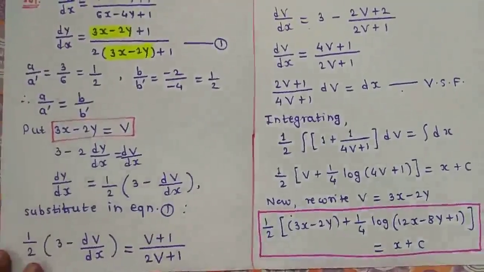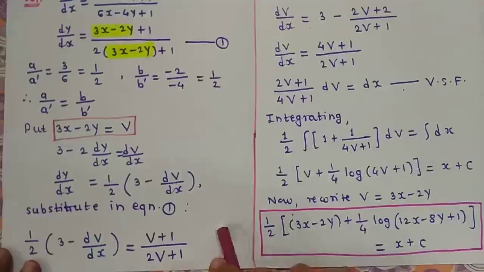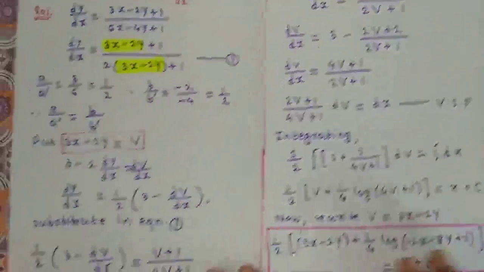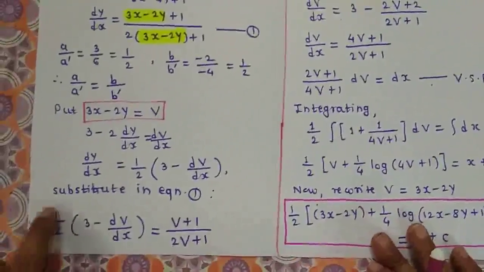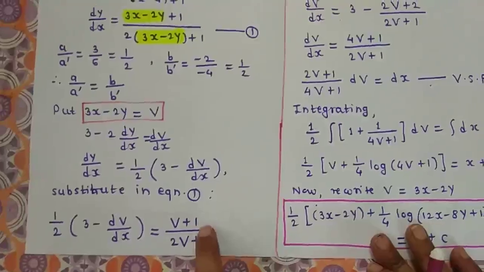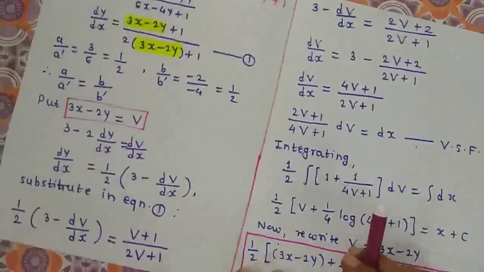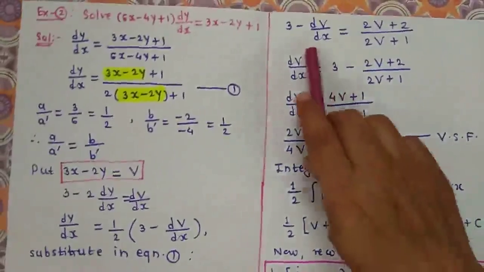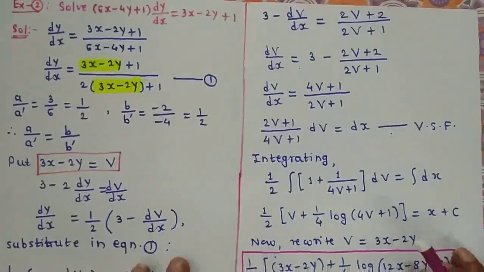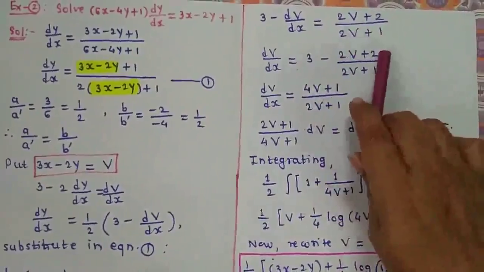Okay, now we simplify this and solve this differential equation. So for solving, first of all we shift this 1 by 2 towards the right side. So this 2 gets multiplied to the numerator, and hence we get 3 minus dv by dx equals (2v plus 2) upon (2v plus 1).